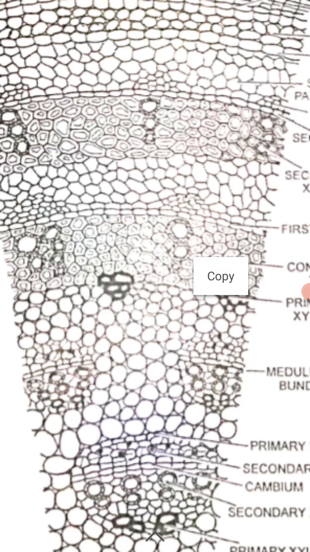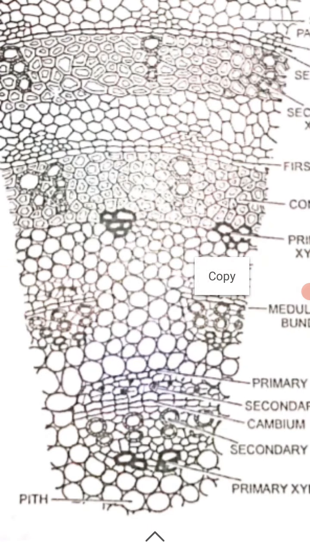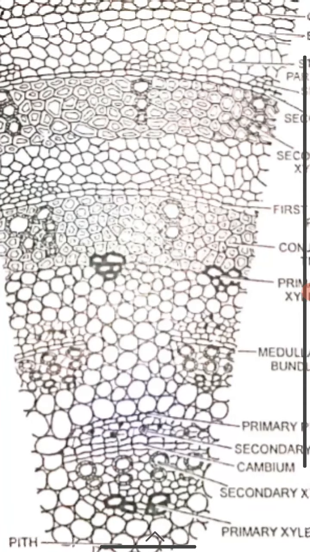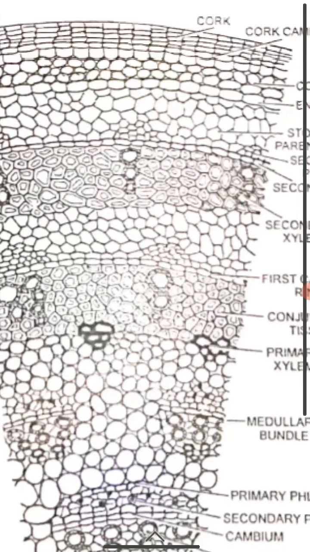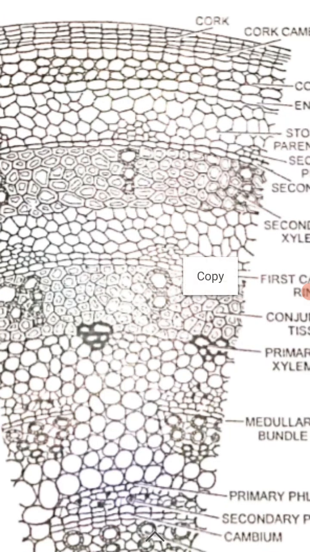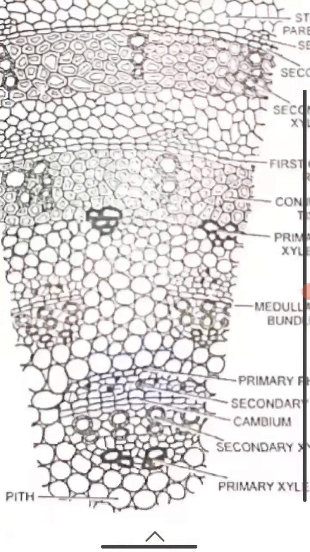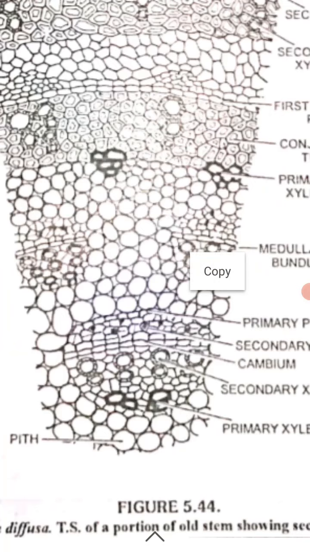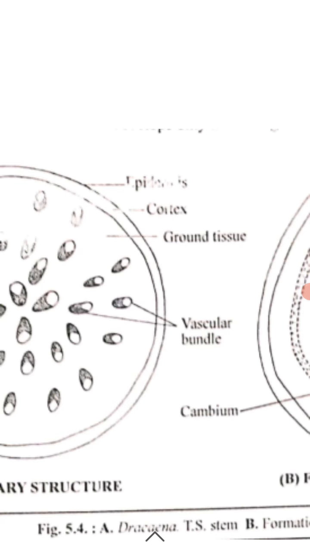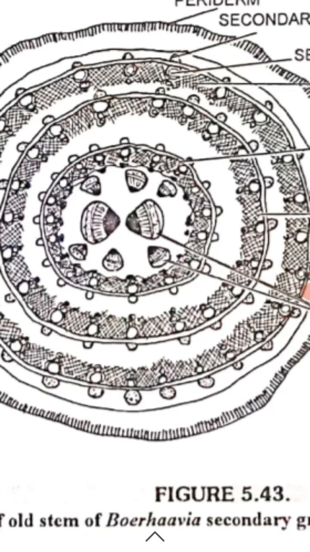The activity of this second ring of cambium again stops after producing a definite amount of secondary growth, and a third cambium ring develops in the same way. About 4 to 5 successive cambium rings are produced, giving rise to 4 to 5 concentric growth rings.